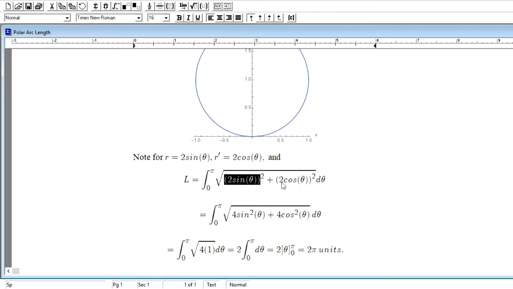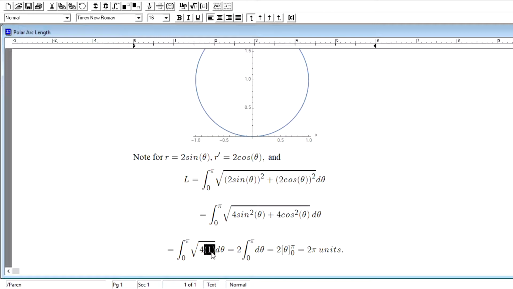And those quantities squared would produce 4 sine squared theta plus 4 cosine squared theta, involving that common factor of 4, which when factored from sine squared theta plus cosine squared theta leaves the value of 1 in that factor.